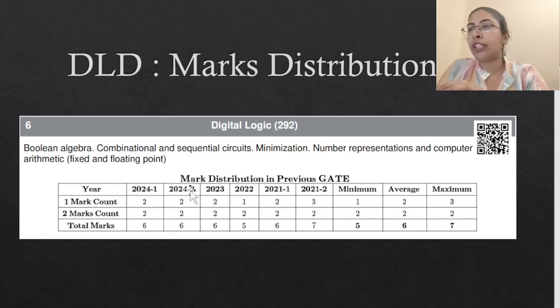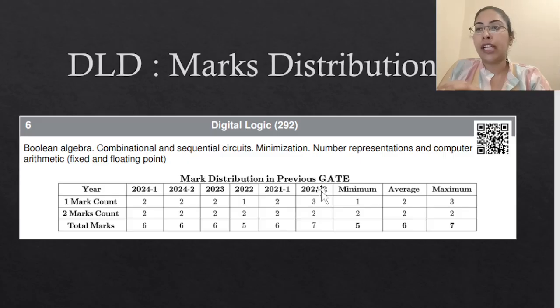In 2024 set 2, about 6 marks. In 2023, about 6 marks. In 2022, 5 marks. In 2021, about 6 marks. In 2021 set 2, about 7 marks.